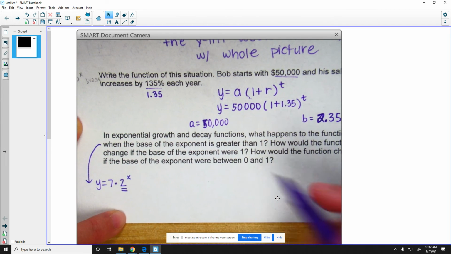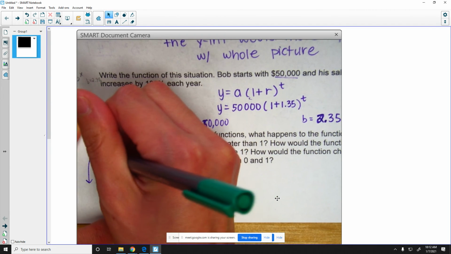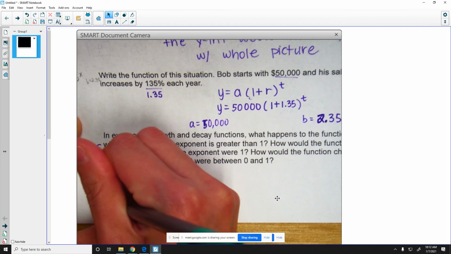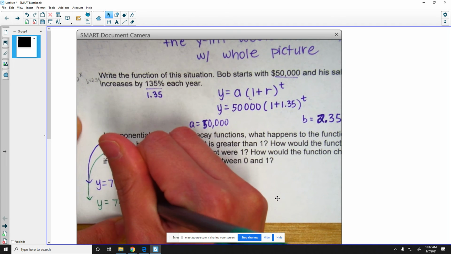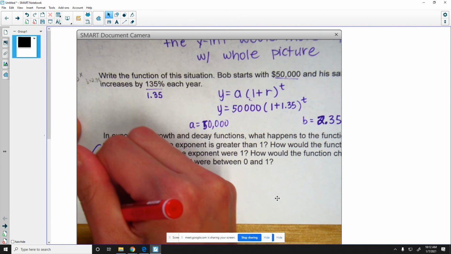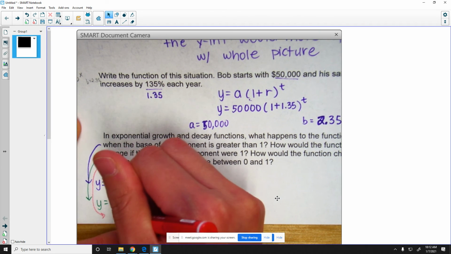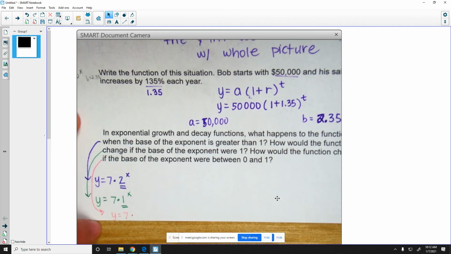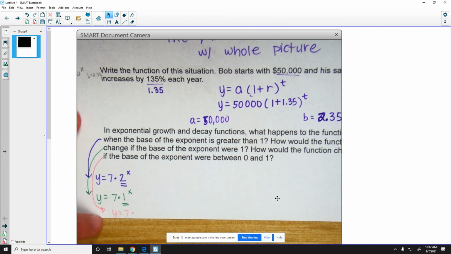And then it says, how would it change if it were 1? So let's compare it if it is 1. And then the question says, how would the function change if the base of the exponent were between 0 and 1? So give me any number between 0 and 1. 0.5.